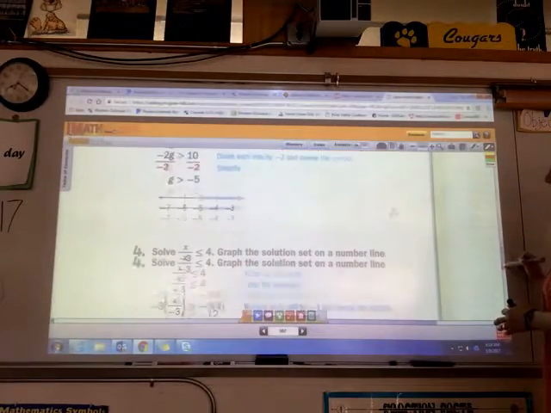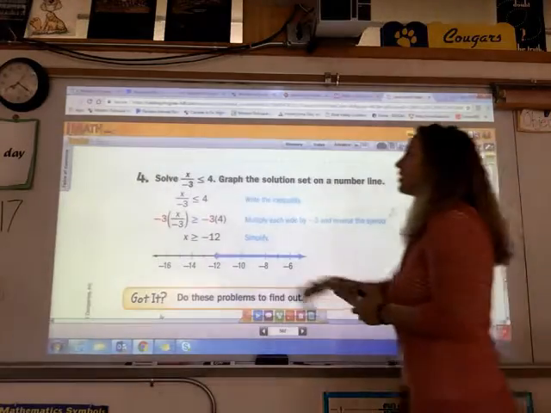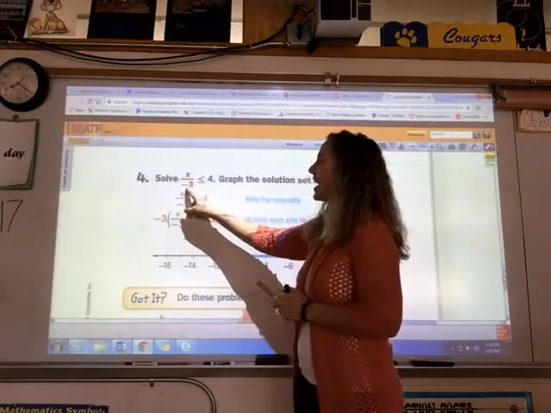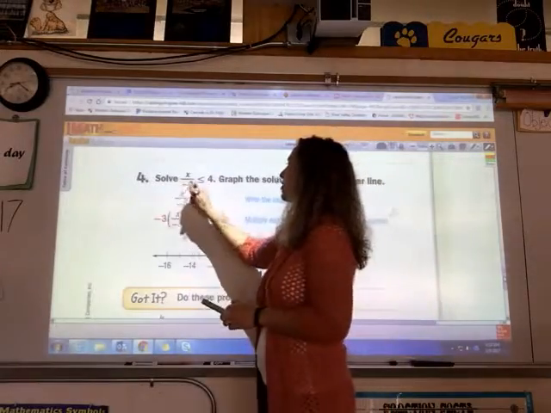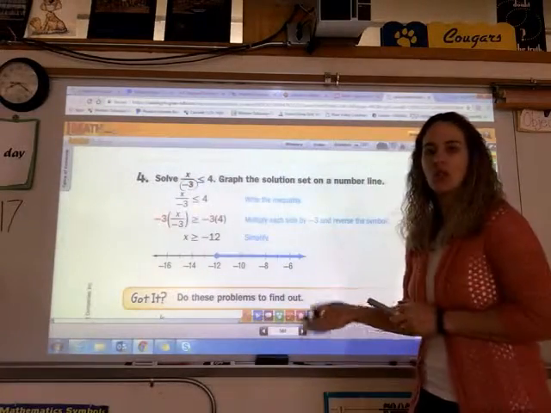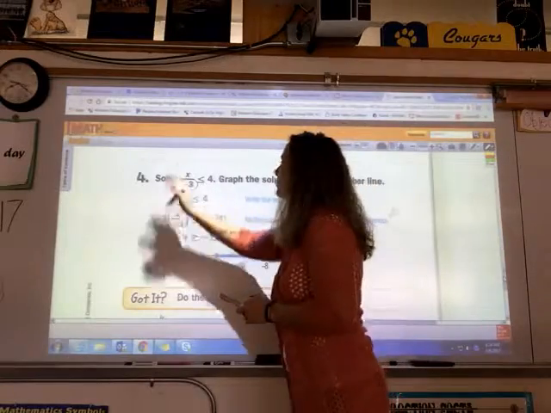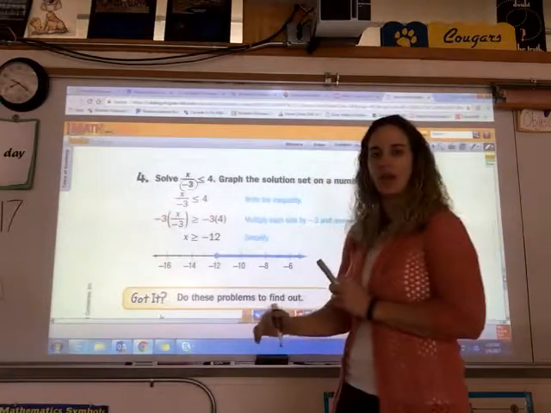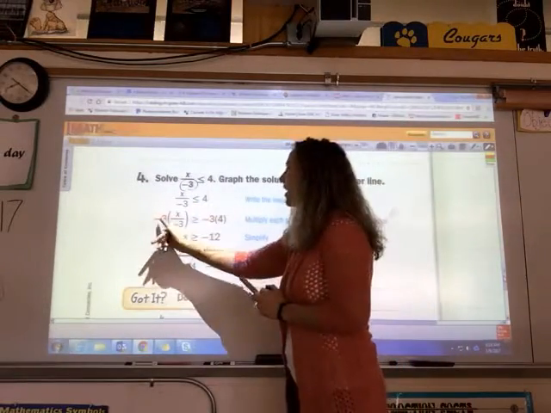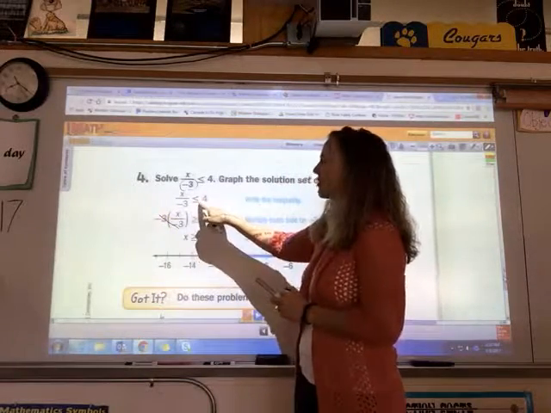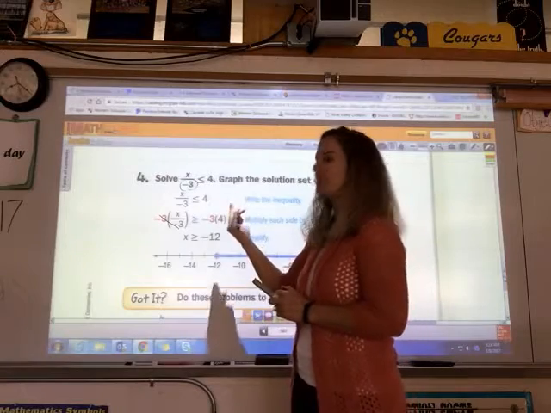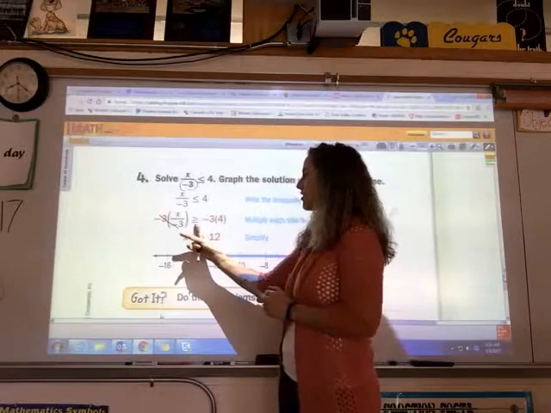Let's take a look at example 4. Here we started off with x divided by negative 3 is less than or equal to negative 4. So we want to take note that we have a negative number there. In order to solve this inequality, we're going to multiply both sides by negative 3, as you can see your book did. Because we are multiplying both sides by negative 3, instead of having less than or equal to, we have to reverse that symbol, and now it becomes greater than or equal to.